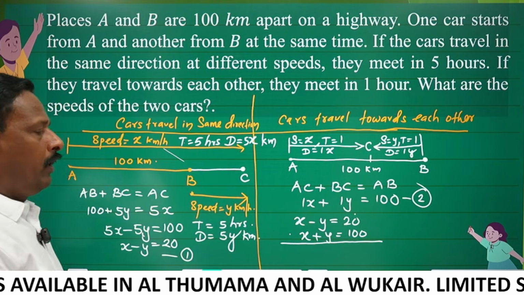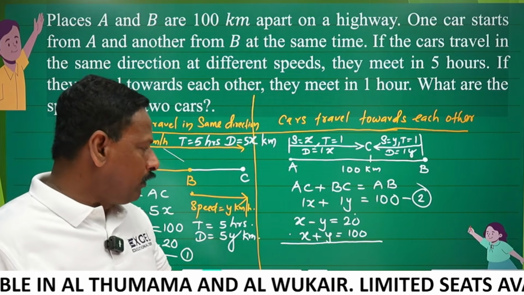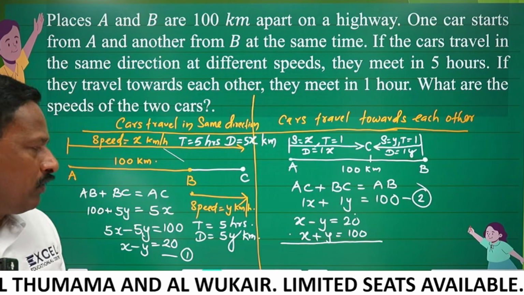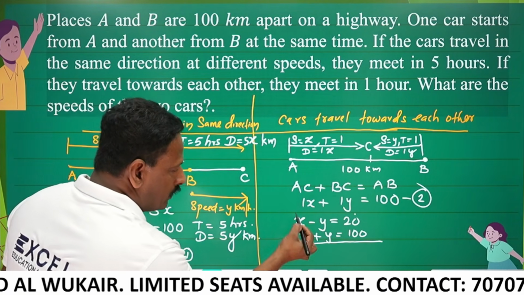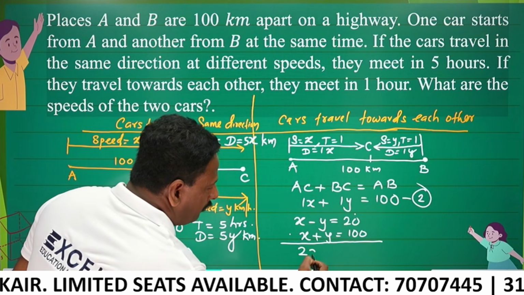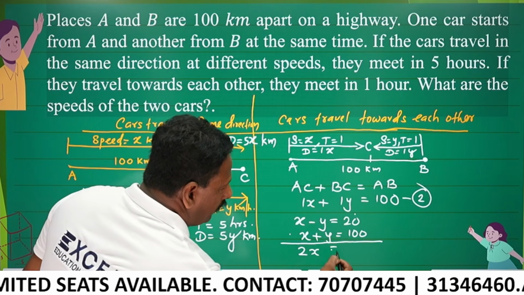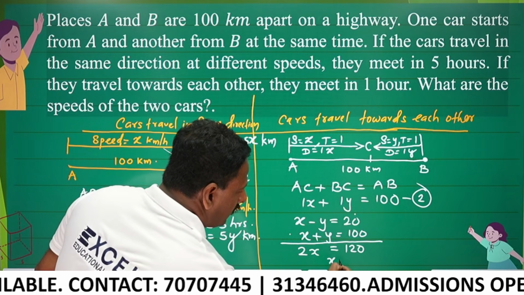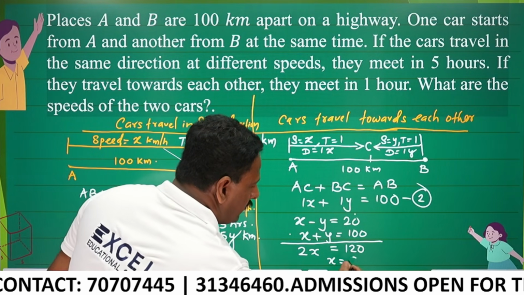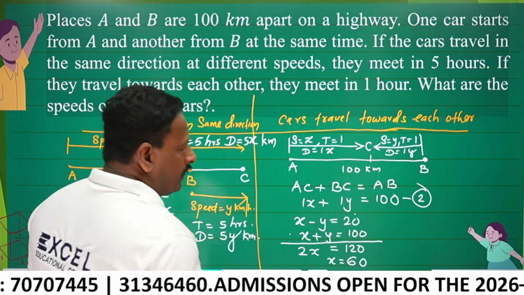The coefficients of x are already equal, and the coefficients of y are equal with a different sign, so we will add these two equations. When you add, x plus x becomes 2x, y cancels to 0, equal to 100 plus 20, which is 120. So you will get x equal to 120 by 2, that is 60.